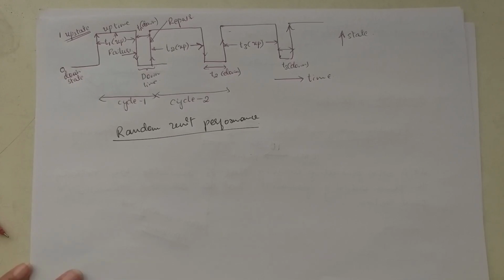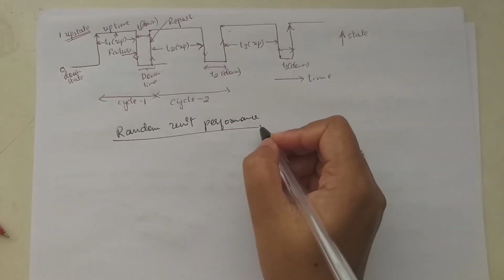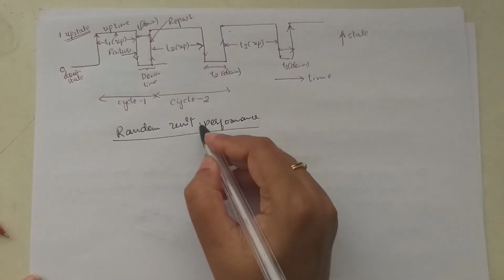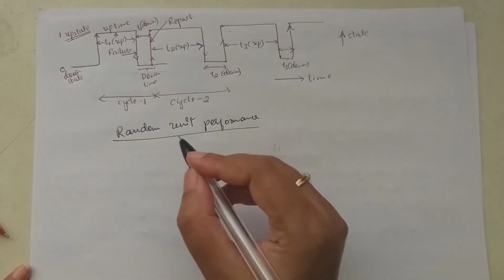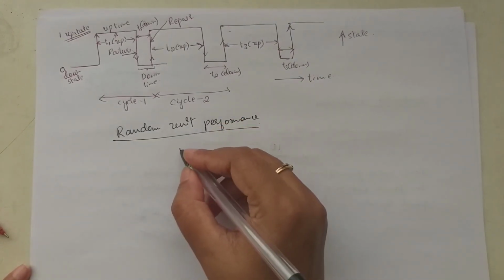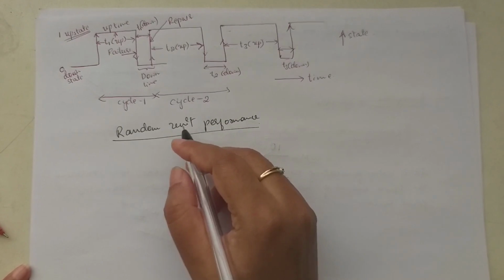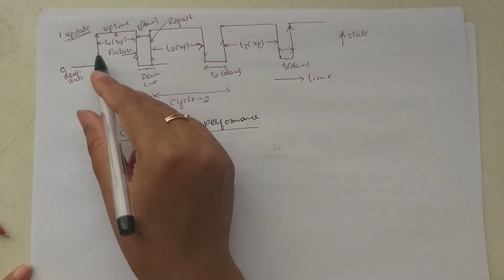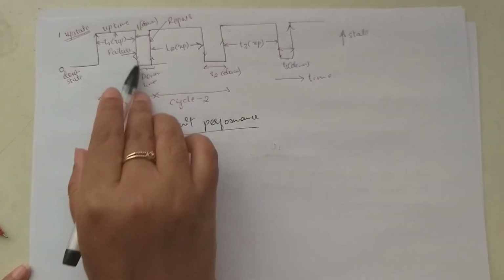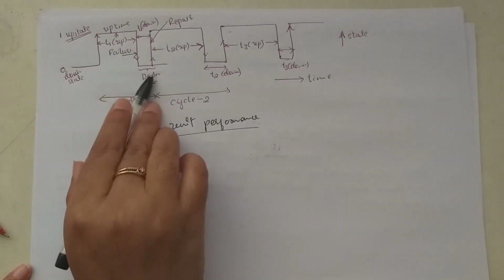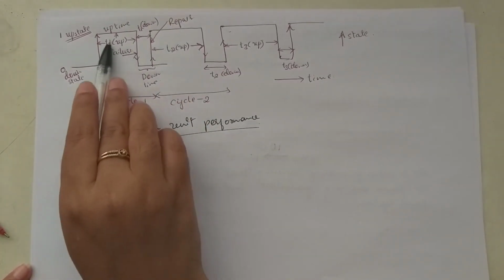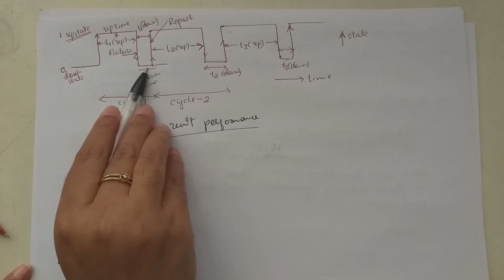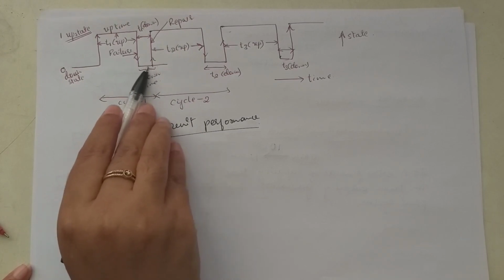Let us consider random unit performance. The unit will have operating time as well as maintenance time or repair time. If you observe each cycle here, each cycle will have a minimum operating time and a minimum repair time.